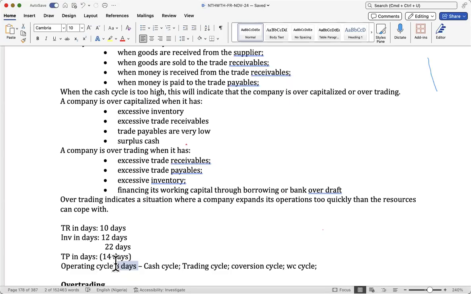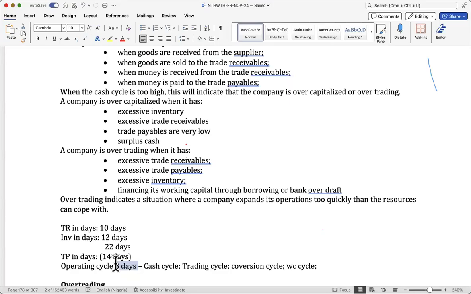And it's usually an indication of two things. Number one is an indication that this company is overtrading, or an indication that this company is overcapitalized. When you have an elongated operating cycle, either you are overtrading or you're overcapitalized.